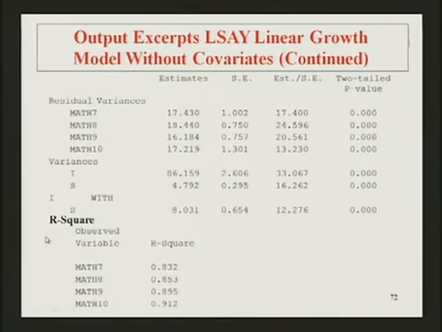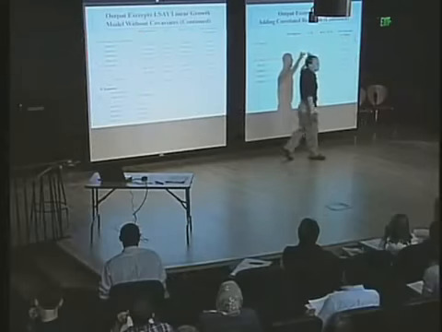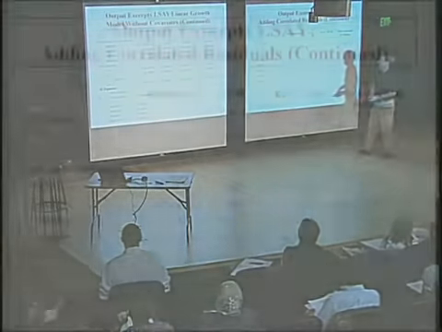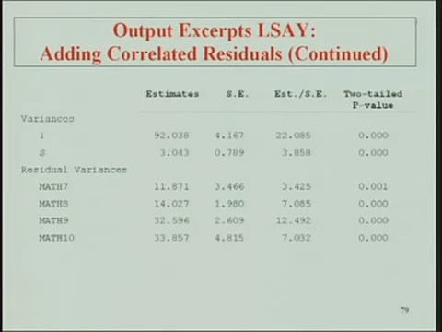Here is the better fitting model on slide 79, which has these variances. And then, lo and behold, the variance has gone up from 86 to 92 for I, and gone down for the slope from 4.79 to 3.04. So there is a distinct difference here.